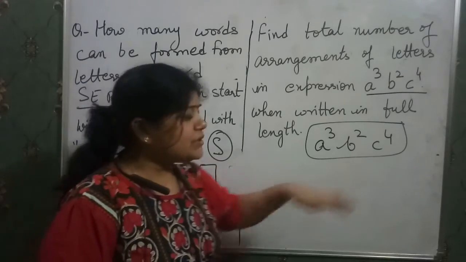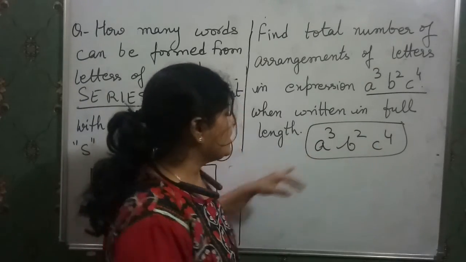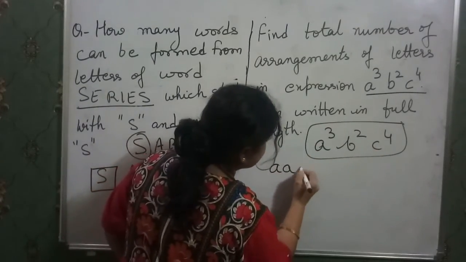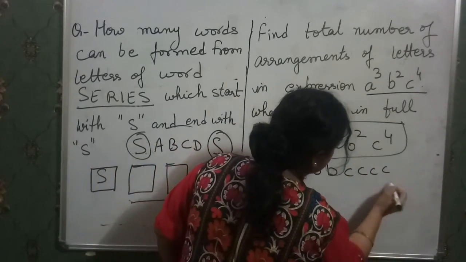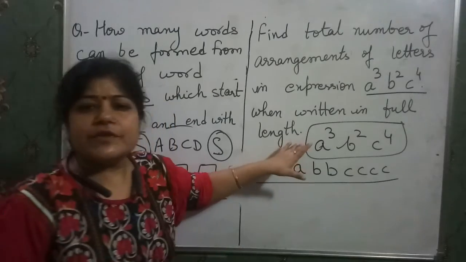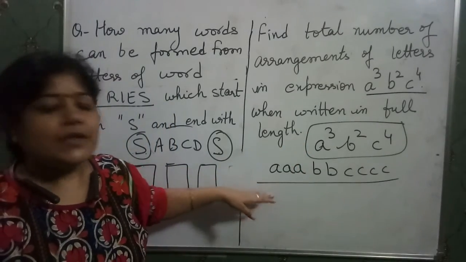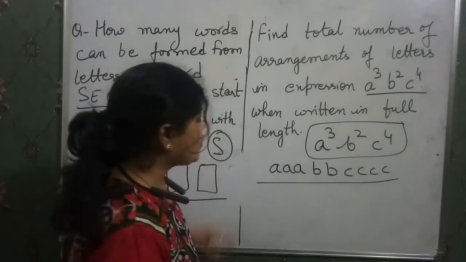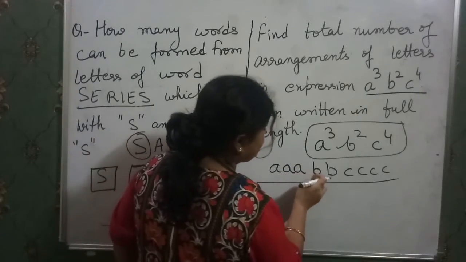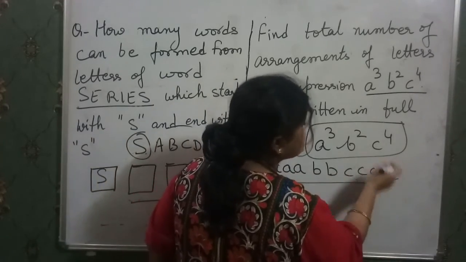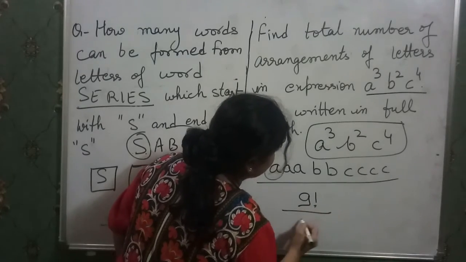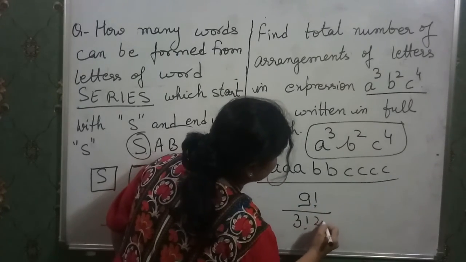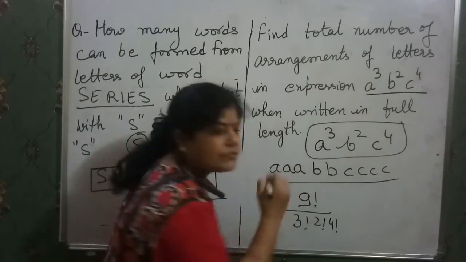The total number of letters this word contains is 3 times A, 2 times B and 4 times C. Clear? The meaning of this expression is this. The total number of letters here is 1, 2, 3, 4, 5, 6, 7, 8, 9. So we have factorial 9 over factorial 3, factorial 2, factorial 4.